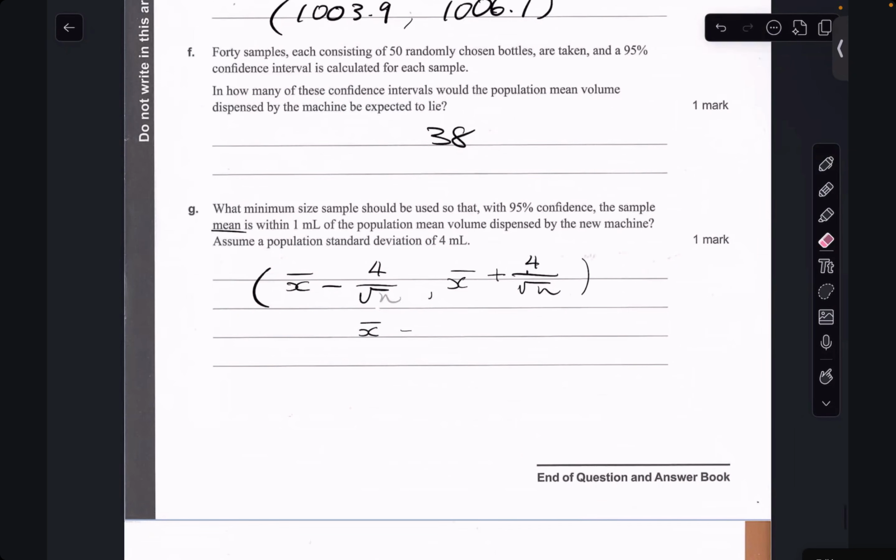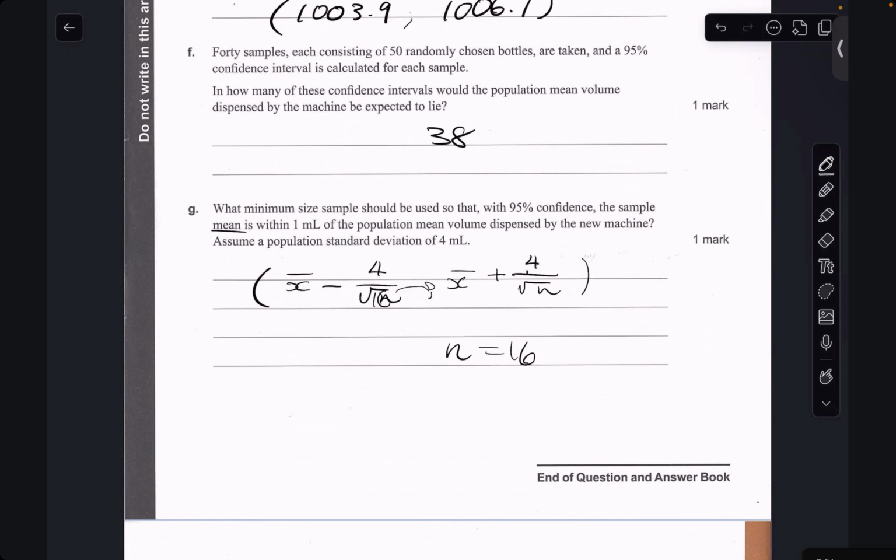So is it just 16? I think it's just 16 because then it's 1 away, because that will be 4 over 4, minus 1, plus 1.